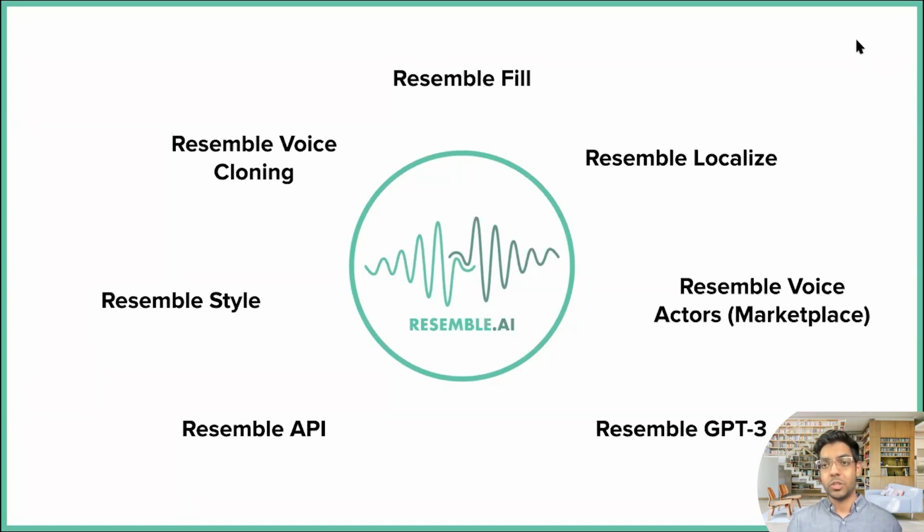There's Resemble Localize, which allows you to create voices and voice models and translate them across various languages. So even if somebody doesn't speak a particular language, you can have their voice speak a different language. We have Resemble Style, which allows you to copy over the style of one voice and the mannerisms and cadence associated with that and apply it to another voice.